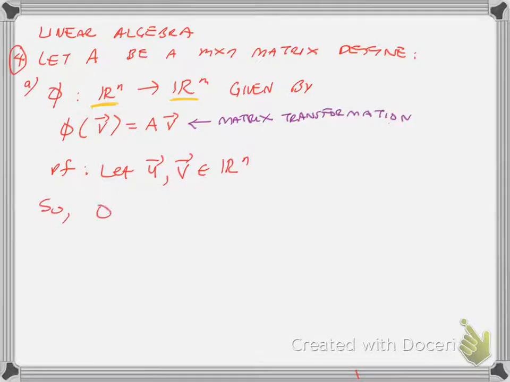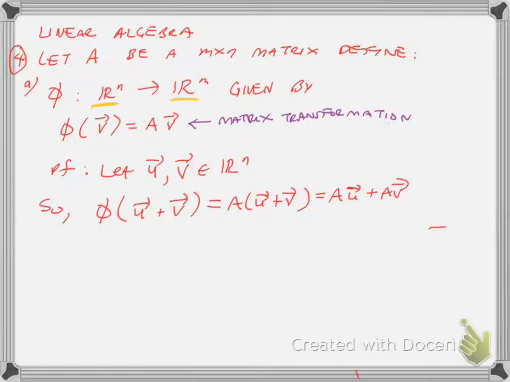And we could say phi of vector u plus vector v equals A times the quantity vector u plus vector v. All right, and you can multiply, remembering linear algebra, and that's going to equal phi of vector u plus phi of vector v. Okay.